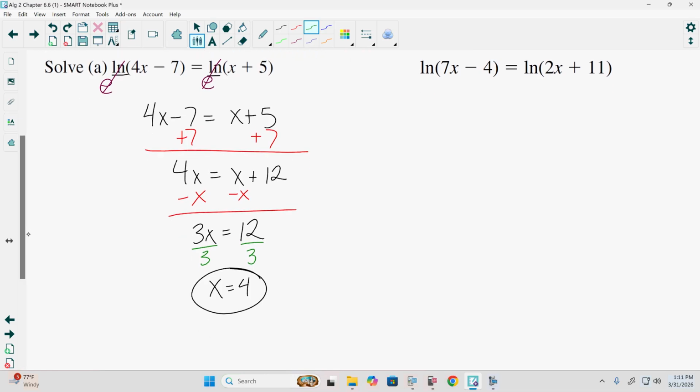Natural log of 7x minus 4 is equal to the natural log of 2x plus 11. Again, since the logs are the same and there's only one on either side, what's inside the logs must be equal. So 7x minus 4 has to equal 2x plus 11. Then we would add 4 to both sides, and then yes, we're going to definitely subtract the 2x from both sides.